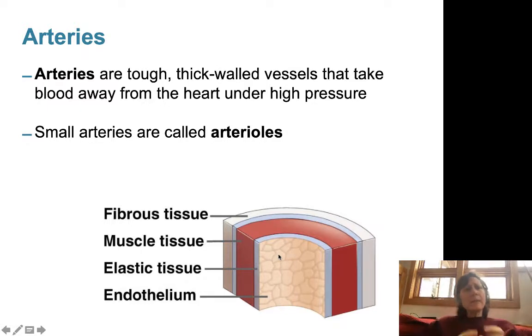Now, arteries need to be thick and tough because they're taking blood from the heart, which is pumping at a pretty intense pressure. And so these are vessels that need to be able to take that pressure and not burst or be damaged by the blood flowing at high pressure through them.